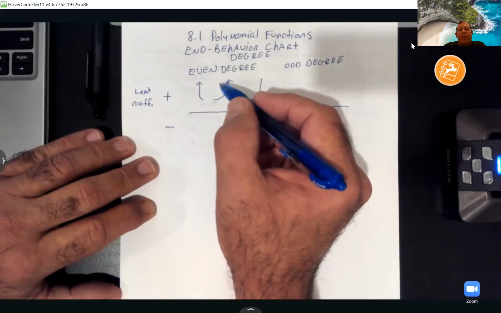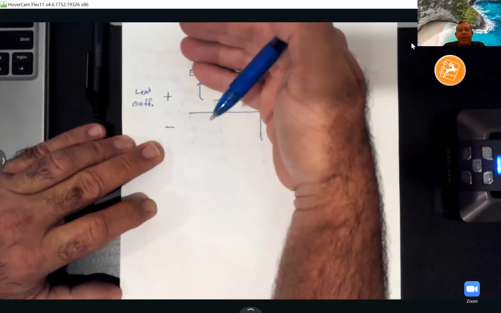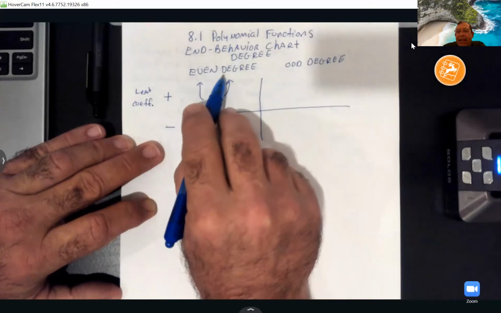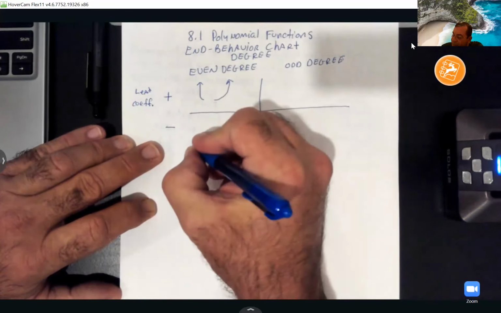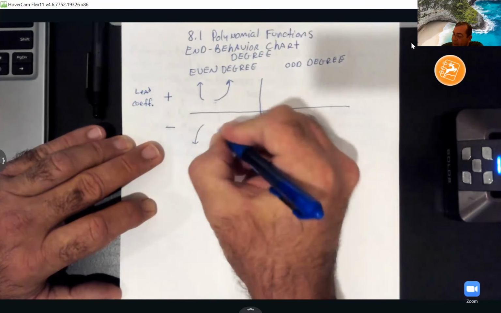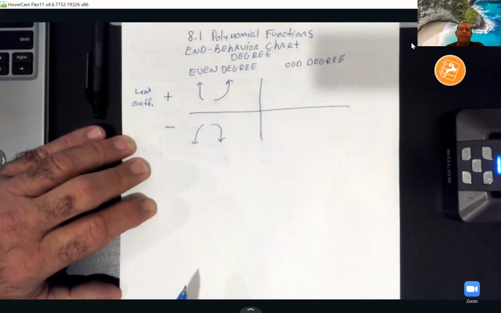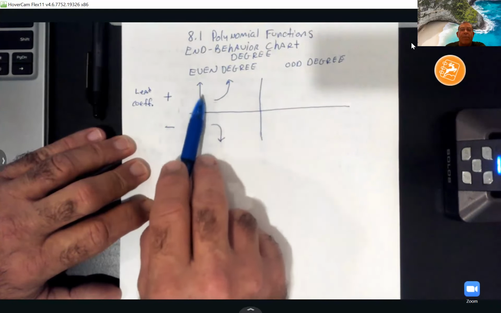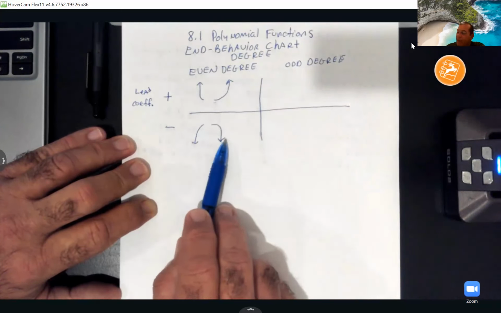Now remember, on those x squared graphs, if we made the lead coefficient negative, it took them graphs and flipped them. So if you got an even degree and a negative lead coefficient, both ends of your graph are going to point down. Okay, so even degree will either have both ends going up or both ends going down.